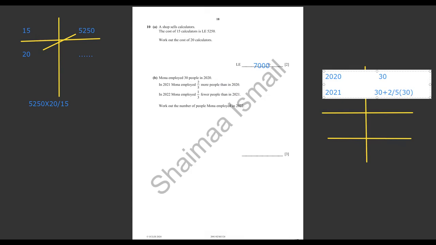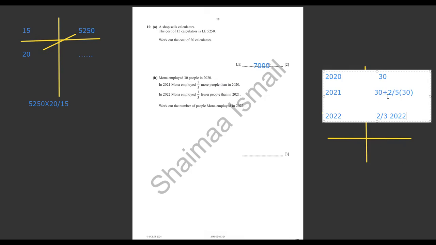Okay. And in 2022, 1/3 fewer than 2021, which means 2/3 of 2021. 2/3 of the remainder, okay? Because it's fewer, so here we make minus.